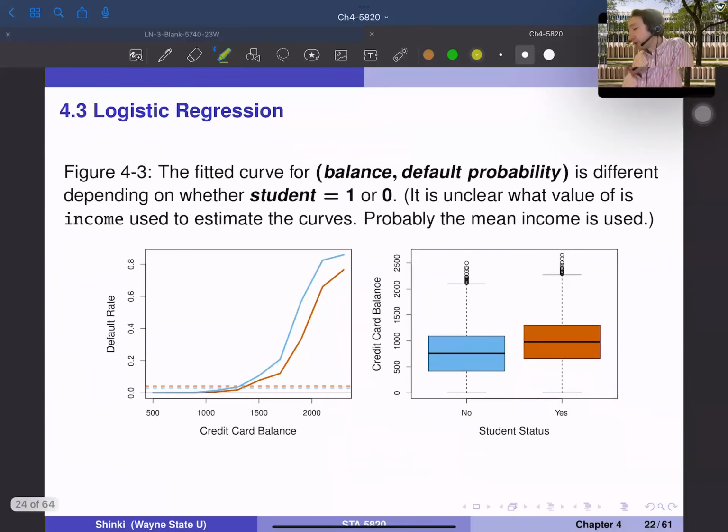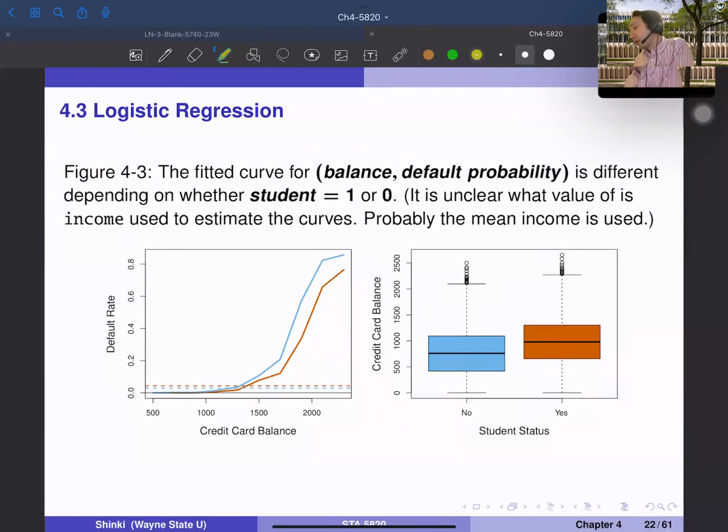And how to present logistic regression results. This is a binary outcome, so it's slightly more inconvenient to represent in a graph. For example, how to show the difference between students and non-students in terms of default probability. And here is the graph.